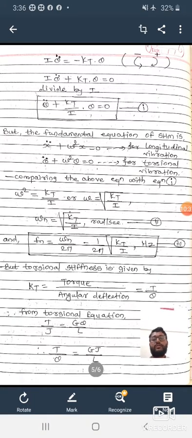Call this equation number 2, and put it into the natural frequency equation.